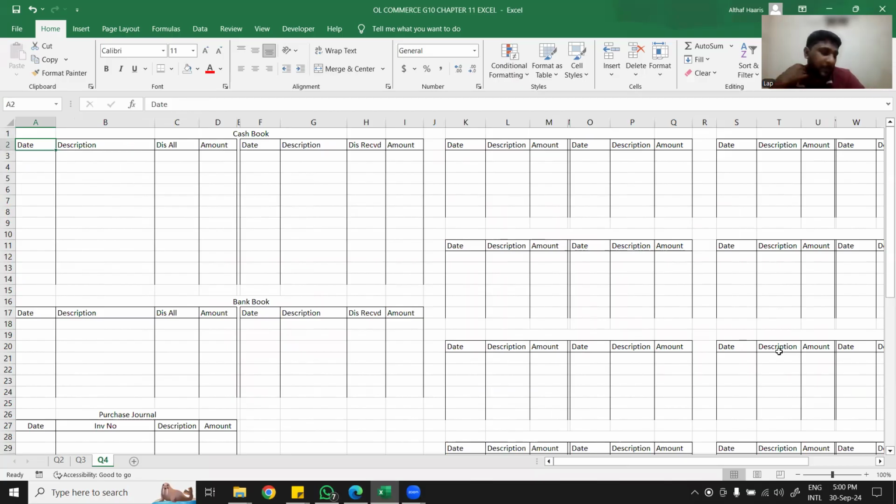Put down the format, people. Then next week we can start doing the question directly. Put the formats: cash book, bank book, purchase journal, sales journal. These four and nine ledger accounts, nine T accounts.